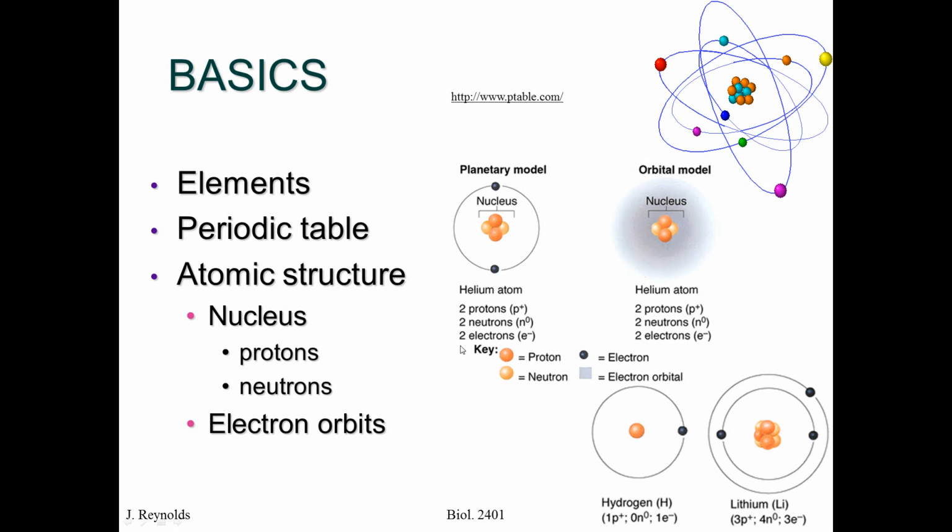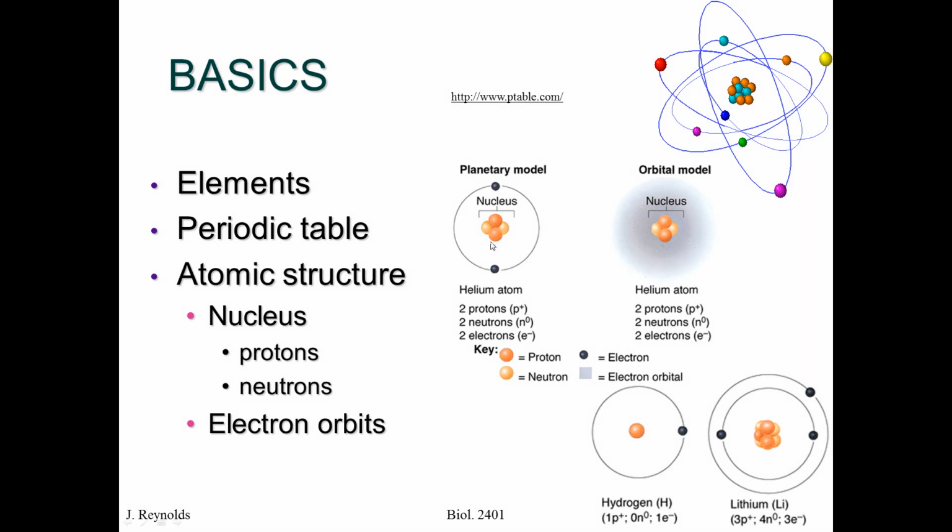So on my helium atom here, you've got two variations of diagrams of an atom of helium. You see 4 little balls inside of the nucleus. 2 of them are protons, positively charged. 2 of them are neutrons, non-charged. Then you can see an electron orbit right here with 2 little electrons.